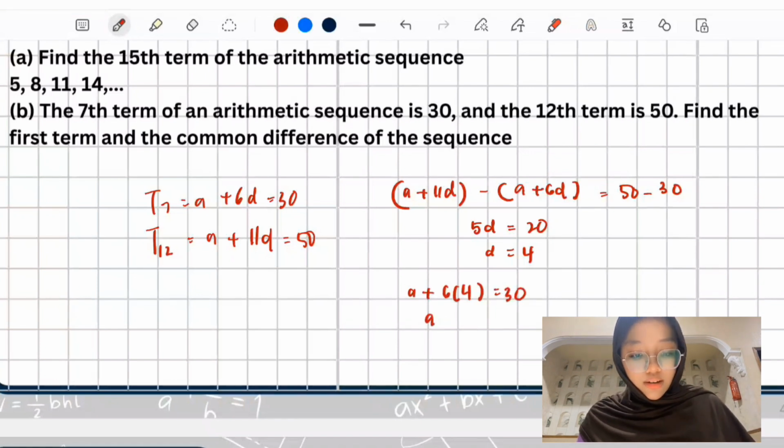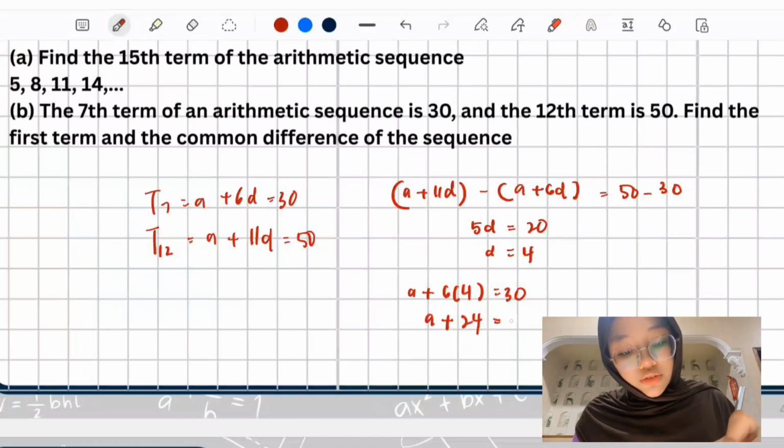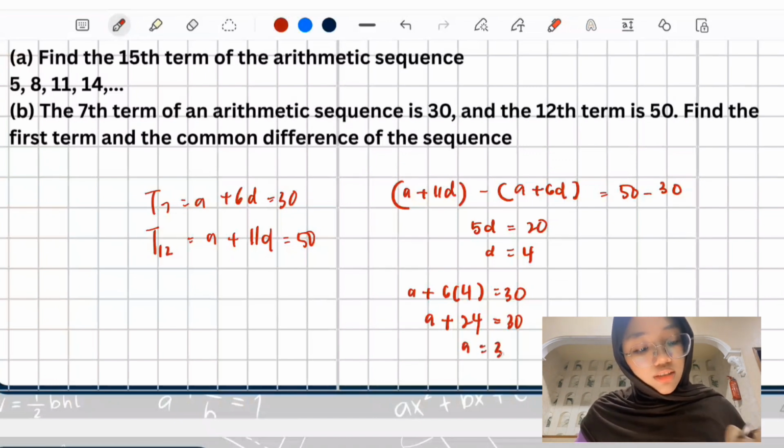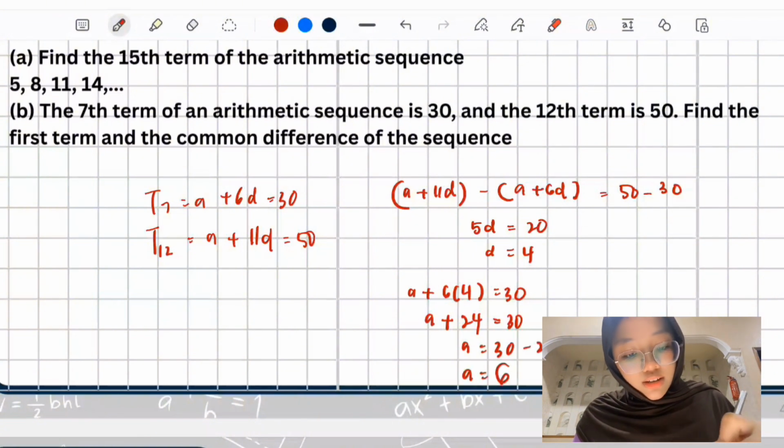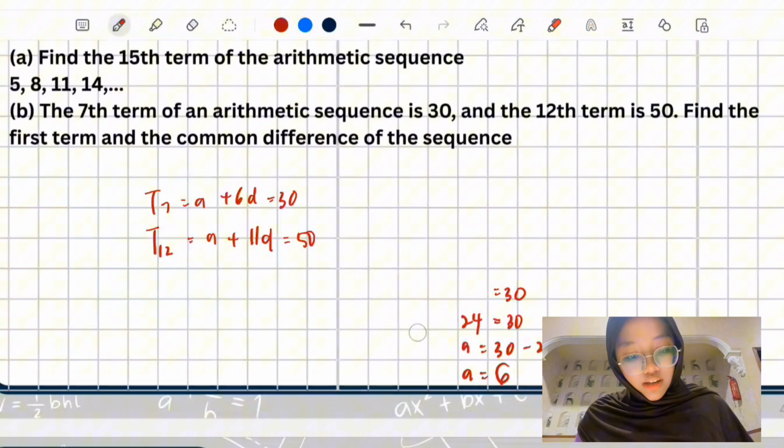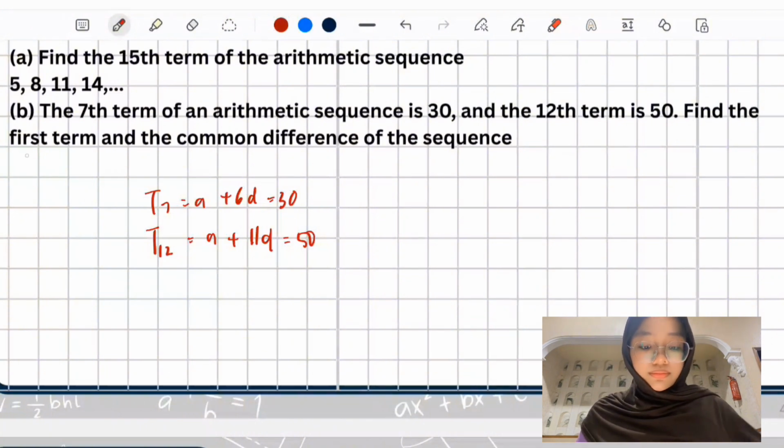So a + 24 equals 30, and 30 minus 24, we will get 6. So a is 6. The first term is 6 and the common difference is 4.